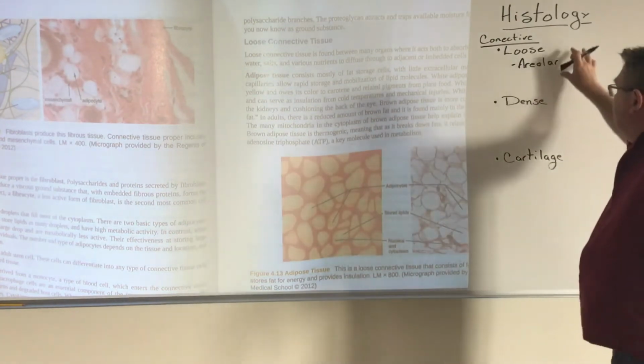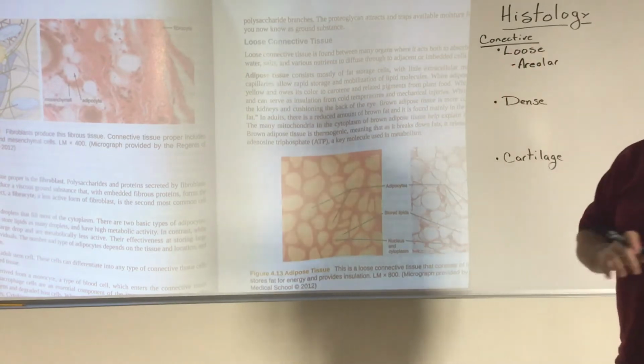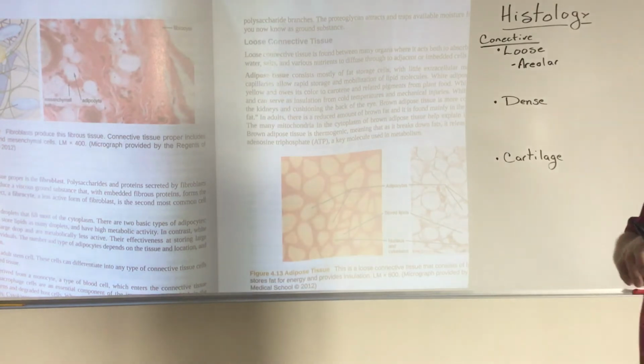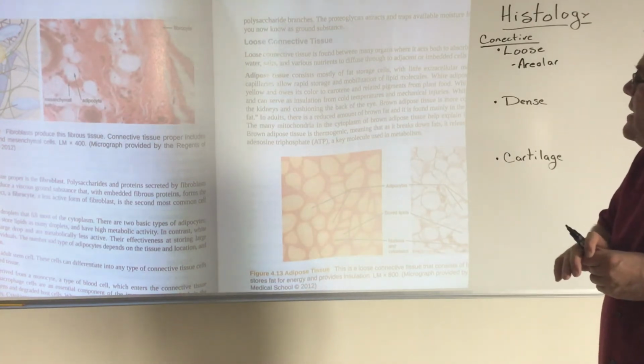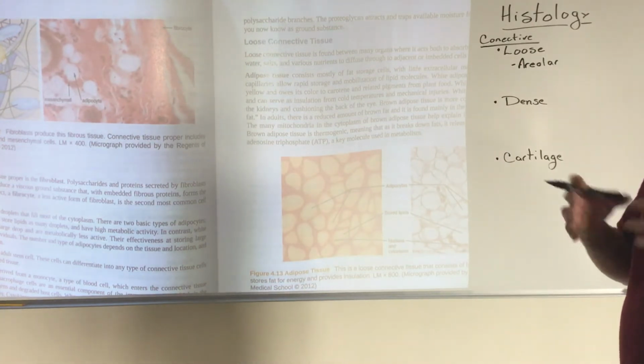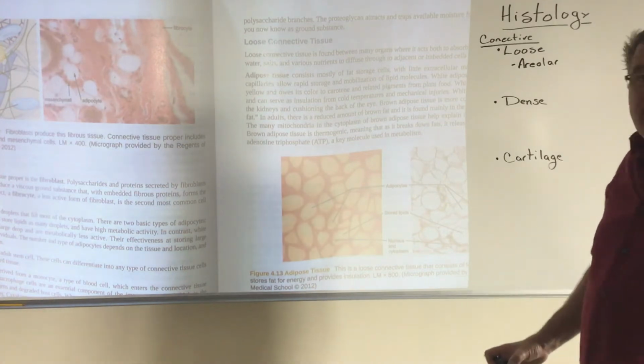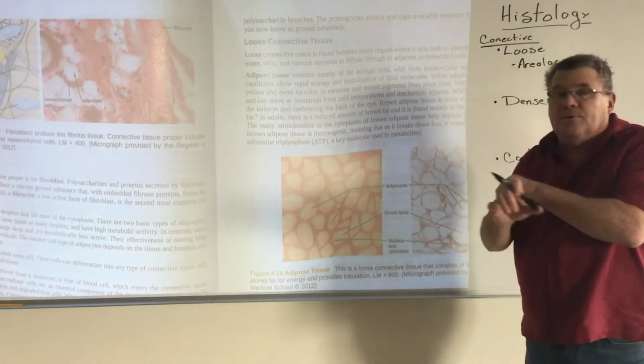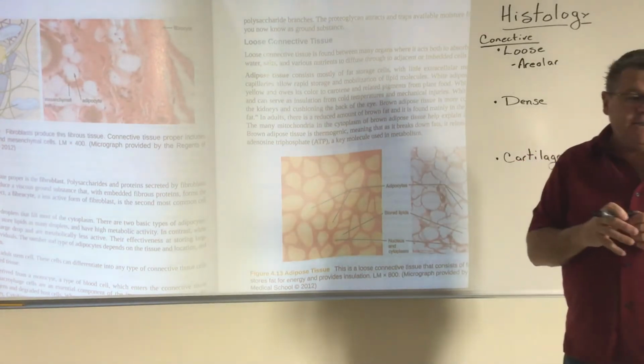So we find a hodgepodge of all of these in areolar. Lots of vessels. I can't really see much in there that's going to show vessels, but there's a lot of vasculature, a lot of blood flow in there. So we can have transport in and out of nutrients and waste, and also other cells as well.